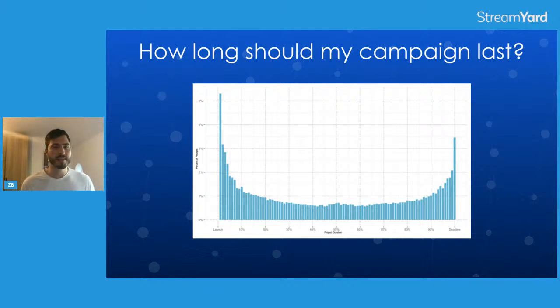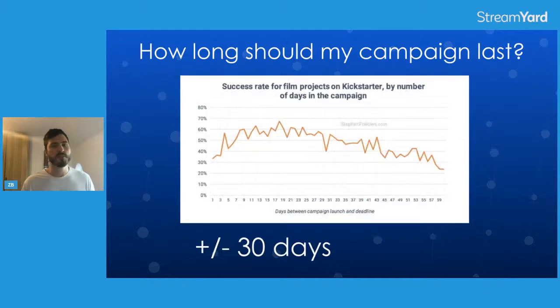And the reason for that is, at the start you have a lot of urgency and a lot of excitement, and at the end you have pure urgency because the campaign is about to end. And actually, the bit in the middle, you want to keep that as short as possible. The longer that is, the more people get drained with seeing your post and so on. So what I find is that the optimal length of time is about 30 days.